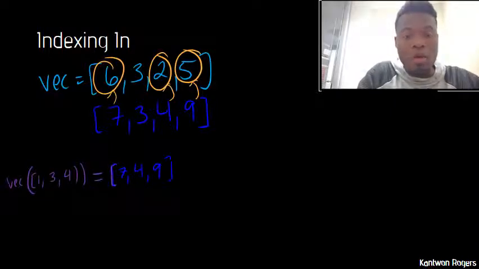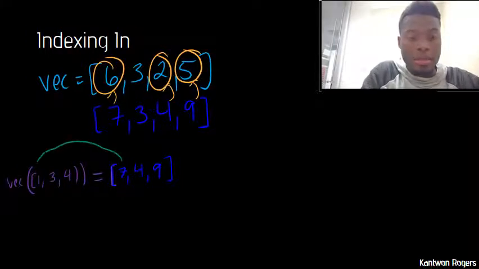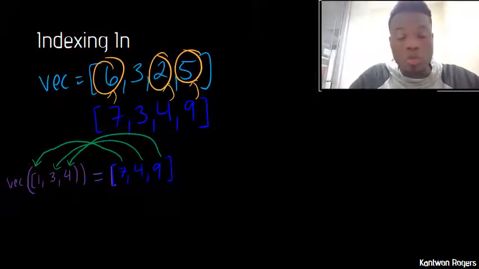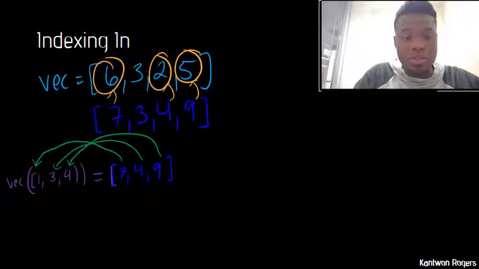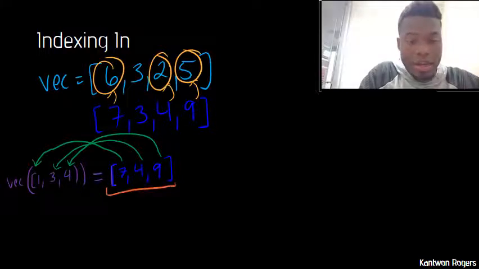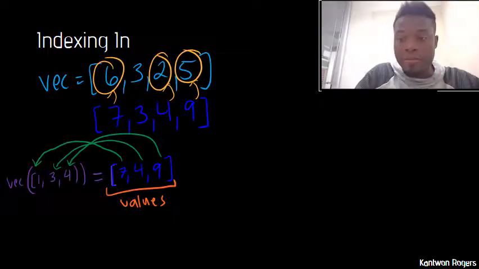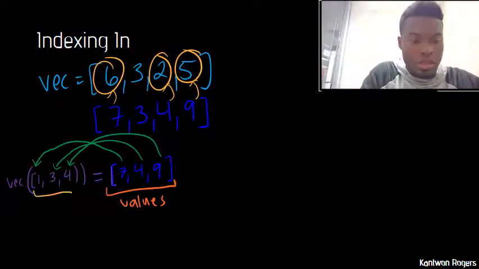And so one by one, MATLAB is going to place the 7 inside of the vector at the first position, the 4 inside of the vector at the third position, and the 9 inside of the vector at the fourth position. So it's very, very important that you understand that these on the right-hand side are values, and I'm placing them inside of my vector at indices.